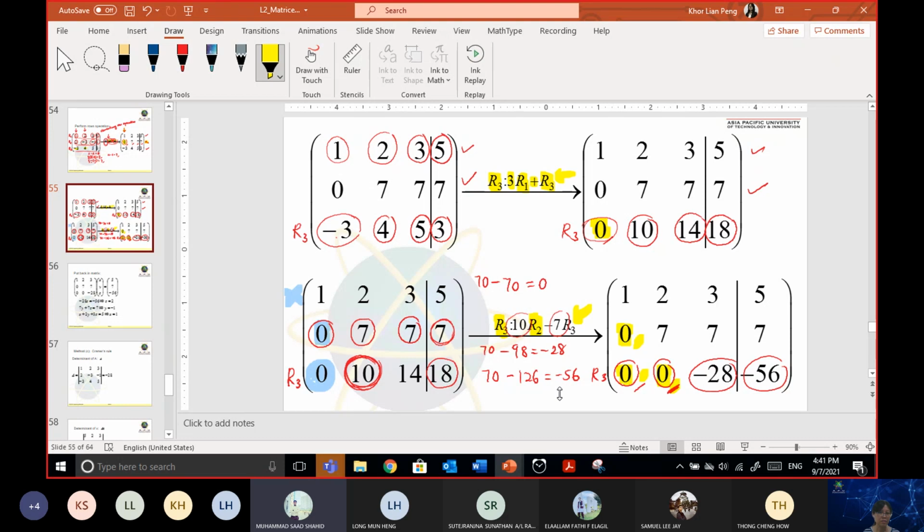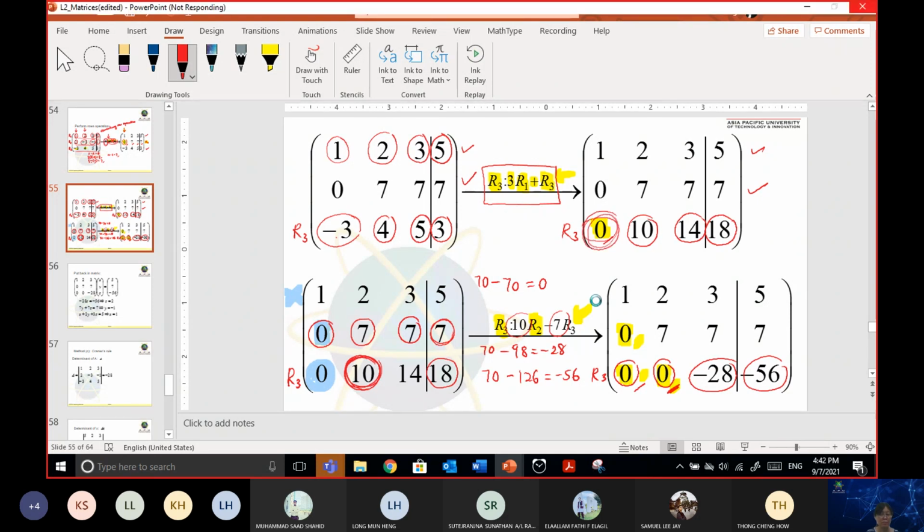Do we use both methods or only one? Can you see the step earlier? The step earlier is to make this become a 0.